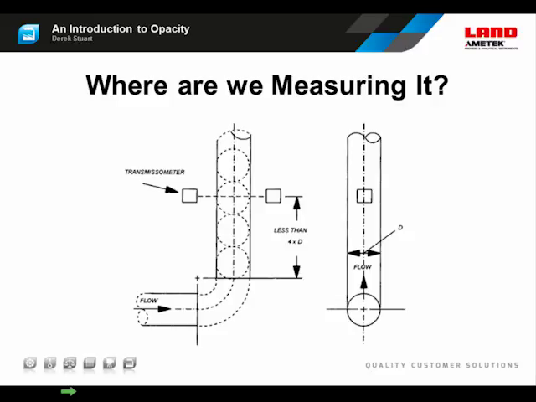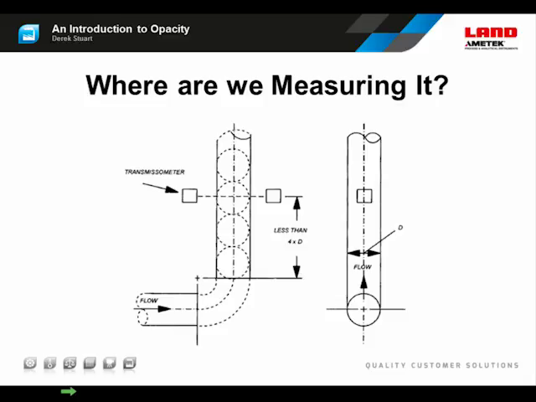If that's not possible, there are some more specific rules saying what you have to do if you measure in a less than ideal location, for example, less than 4 diameters after a bend. And the illustration here shows that we have to measure in the plane of the bend, not across the plane of the bend.